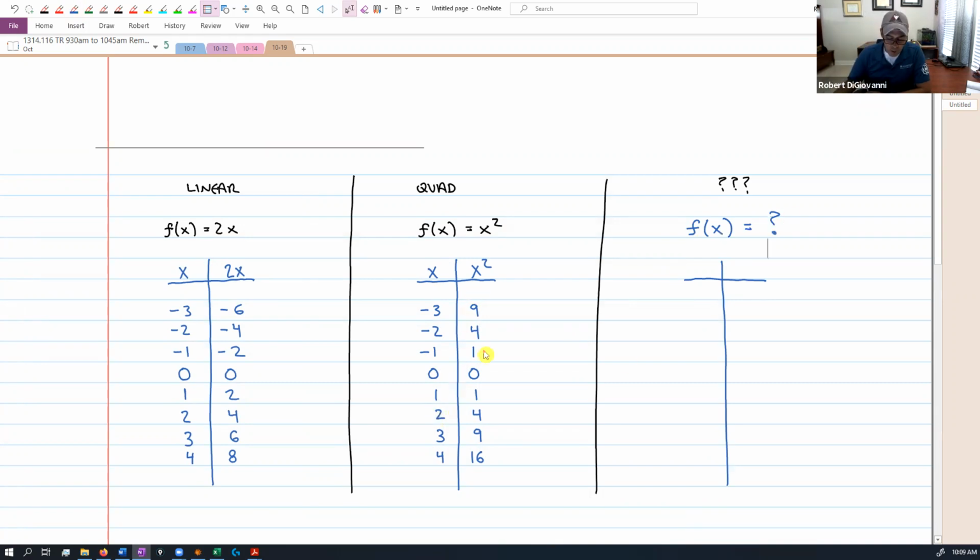So like on this one, if you look at this table and think about it enough, you might figure out, oh, look, what I'm doing here is just squaring each of these. And over here, you might say, oh, all I'm doing is doubling each of these, multiplying by 2. So maybe if we can do this table, maybe you can help me come up with the actual function that creates the table.